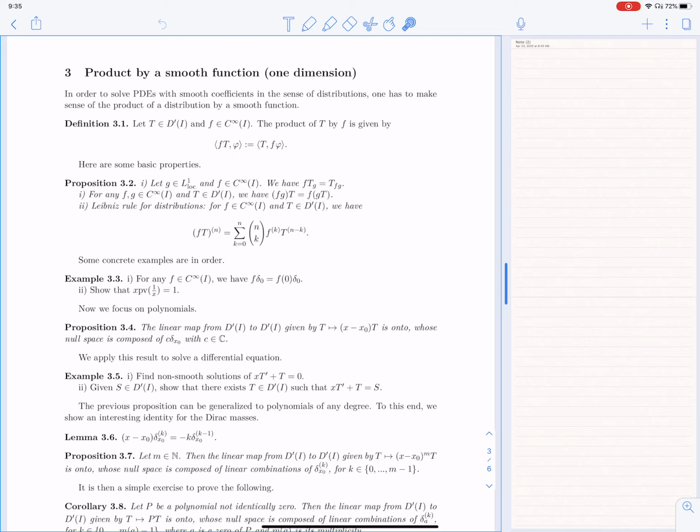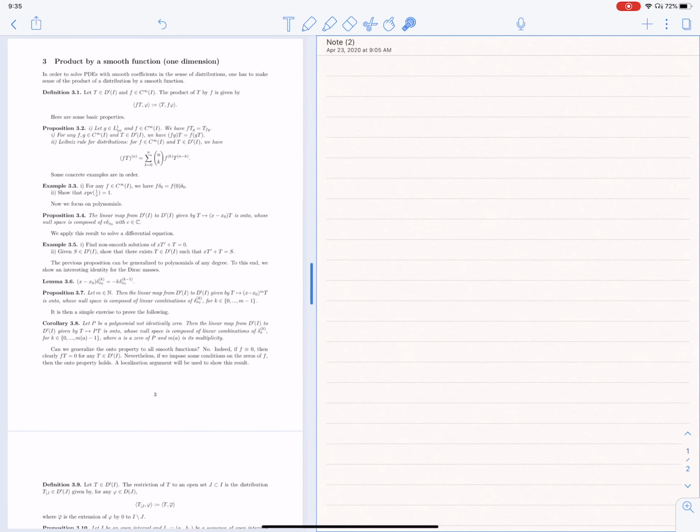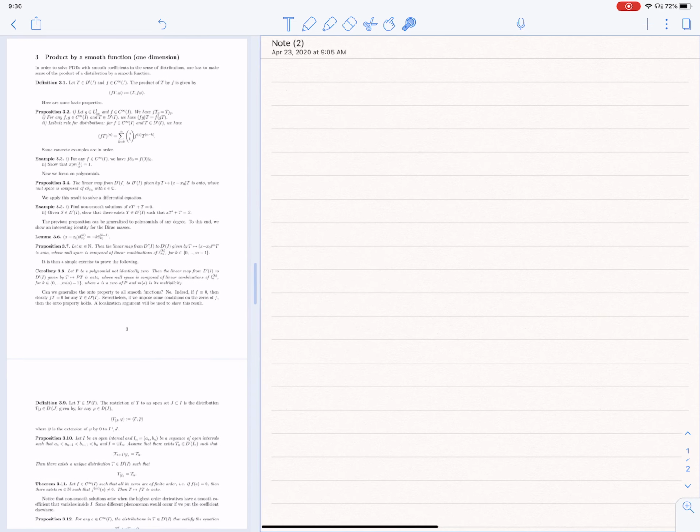It is clear that such an operation defines a linear form. And is it a distribution? It turns out it is. Let's give a short proof of it.